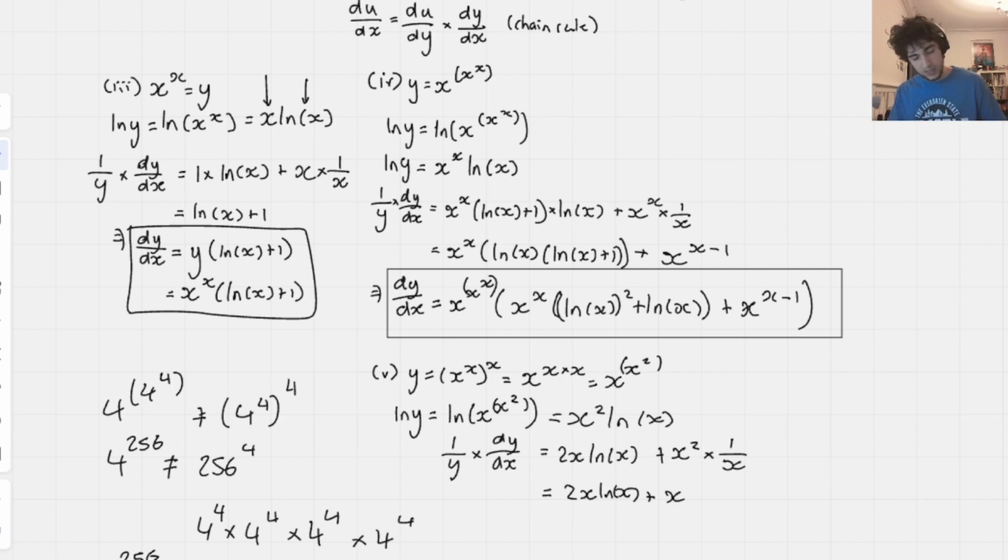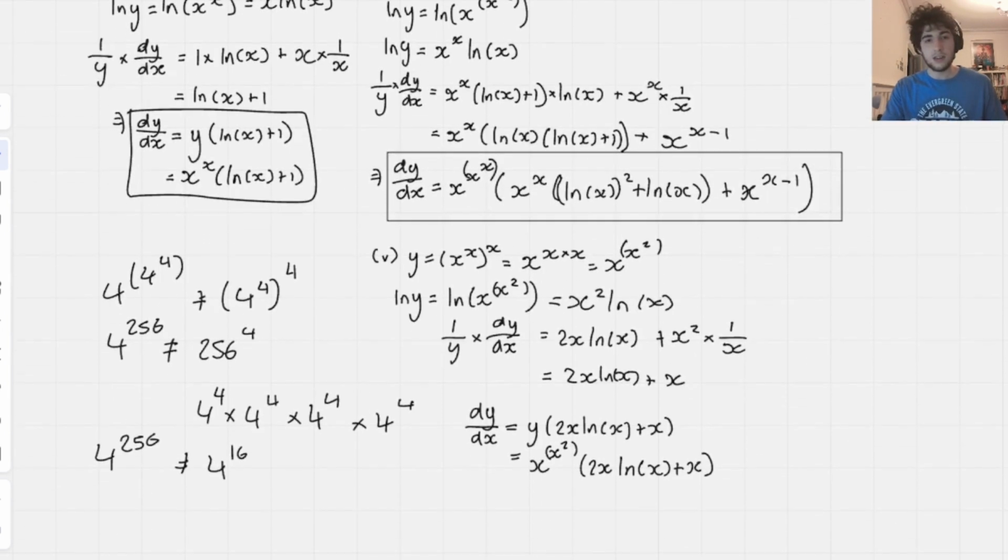Now we can multiply by y, to get dy/dx is equal to y lots of 2x ln x plus x. But remembering that y is just x to the power of x squared, this gives us x to the power of x squared multiplied by 2x ln of x add x, which is our final answer.